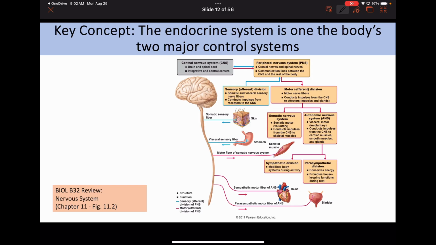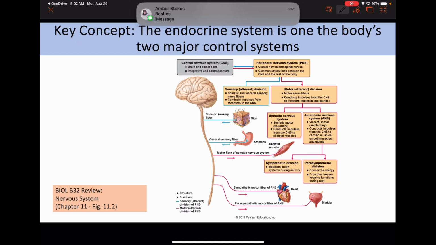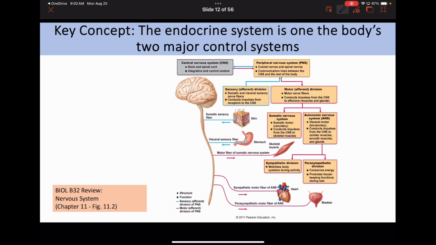Anybody remember what the effector is for our somatic nervous system? Somatic means voluntary. So what is the only voluntary tissue that we have? Skeletal muscle, yeah. So that's going to be the effector for the somatic nervous system. And what about the autonomic nervous system? What are all of our involuntary effectors?